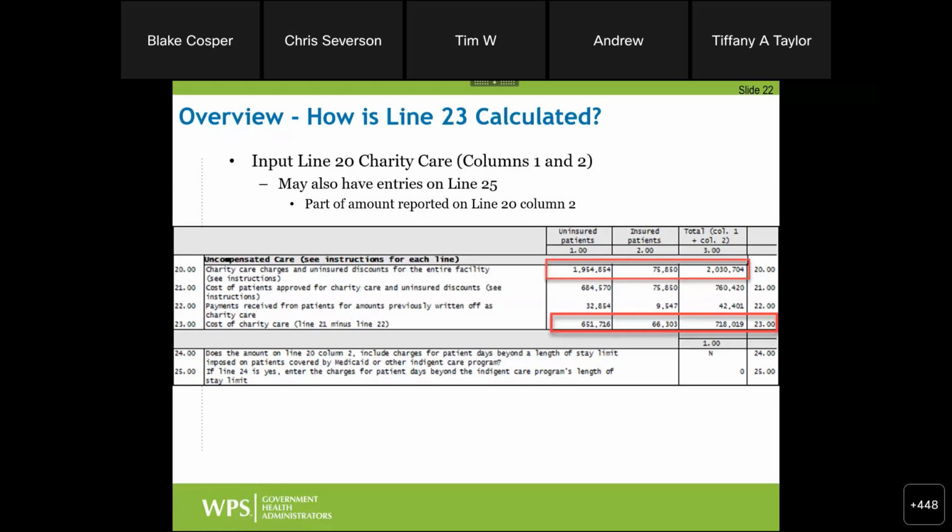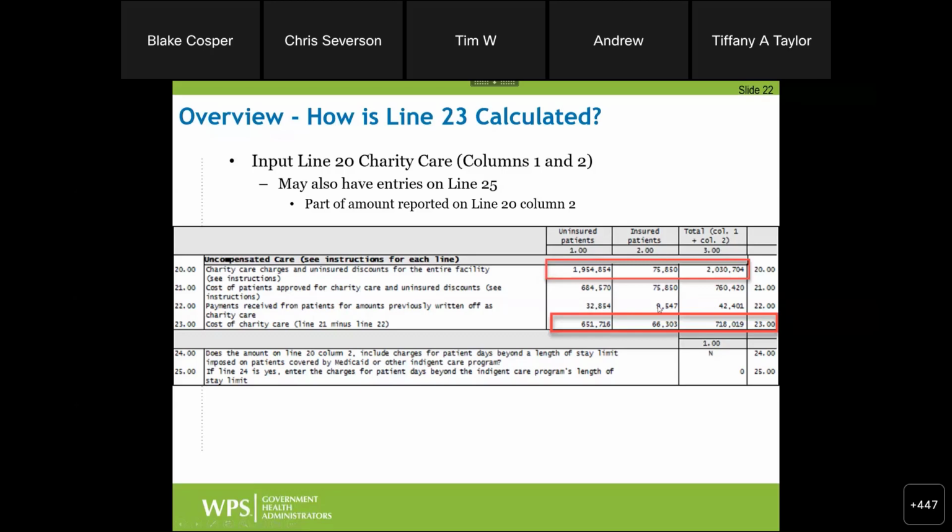Many of the patients are still going to owe a portion of their bill. Let's say they were approved for 75% charity care. They still owe the other 25%. When they make a payment against that 25%, that's just a regular payment. That is not to be reported here. It's only if they made a payment against that 75% that was charity care that something would be reported here.